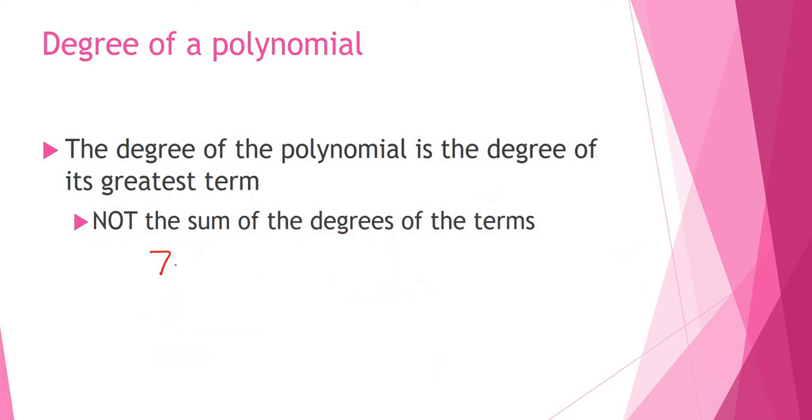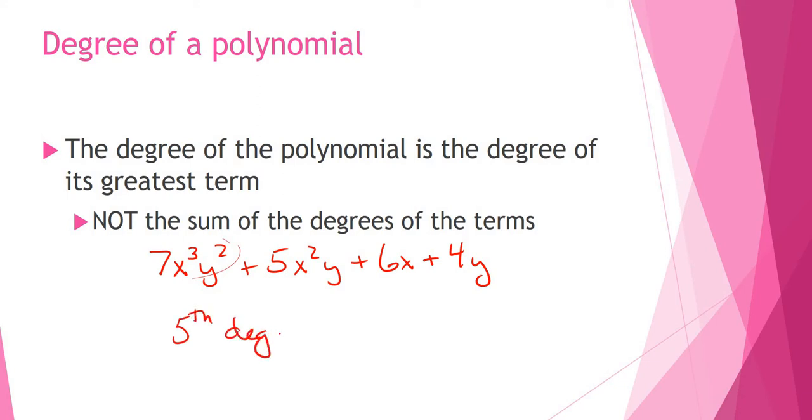So if I have 7x cubed y squared plus 5x squared y plus 6x plus 4y. What is the degree of the polynomial? So look at each term, figure out the degree, and then pick the greatest one. So this is the greatest degree term, so this is a fifth degree polynomial.